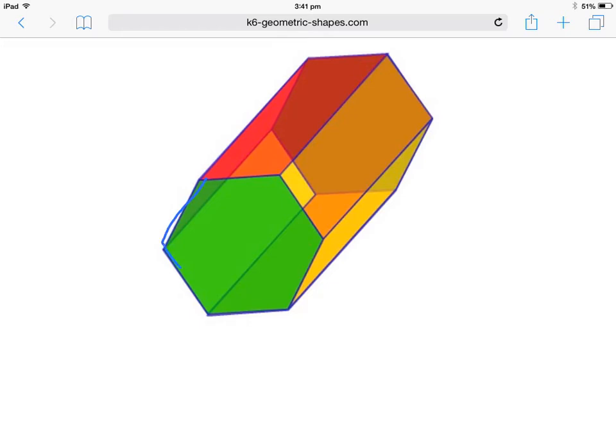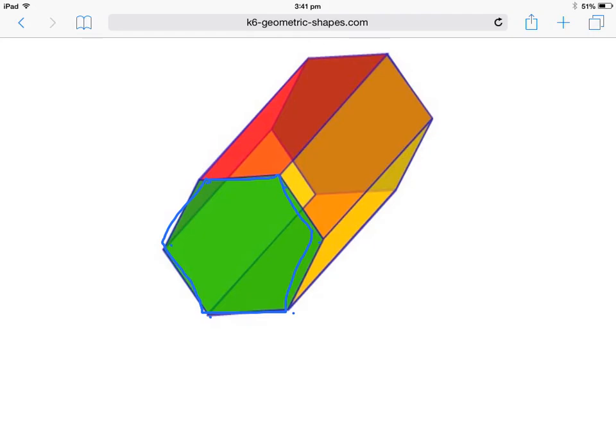This is what kind of shape will help you name what this 3D shape is. To find out what this 2D shape is, we could look at the corners. 1, 2, 3, 4, 5, 6. It has 6 sides, 6 edges. So I know that a 6-sided 2D shape is a hexagon.